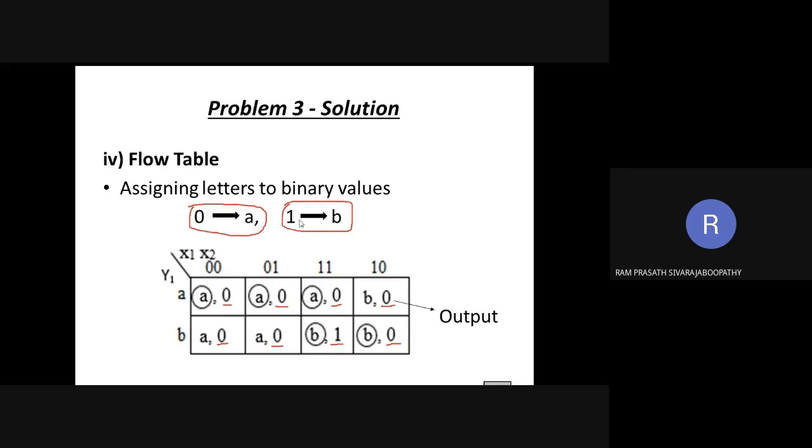So 0 உள்ளது A, 1 இருக்கிறது B change பண்ணியாச்சு. Then outputs we are marking with comma. So present state A இருக்குன்னா input 0 0 கொடுத்தா next state is A with output 0. Like that you have to understand. Okay. Fine. Next step.